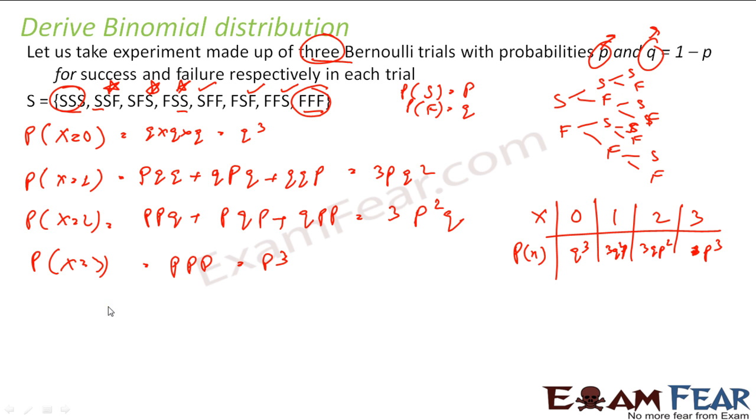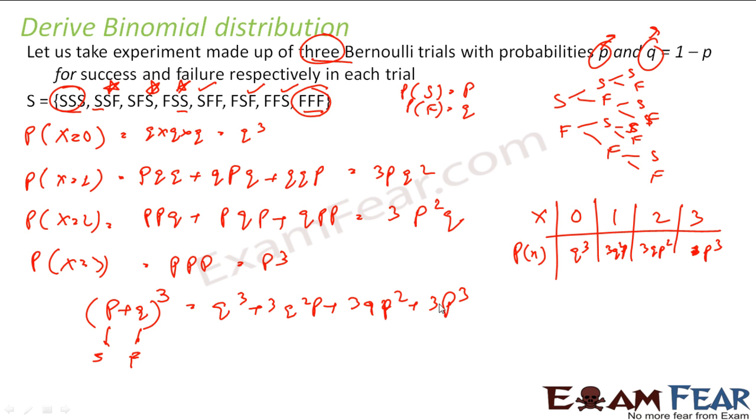If you expand P plus Q, where P is success and Q is failure probability, to the power number of trials, right? This is nothing but Q cubed plus 3Q square P plus 3QP square plus P cubed. You see, exactly the numbers are matching.